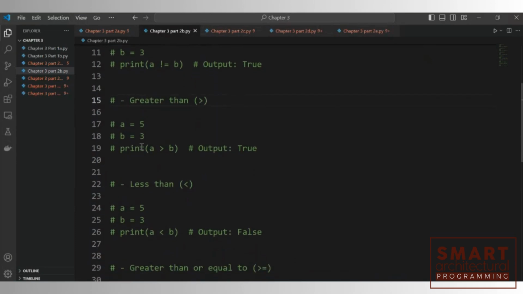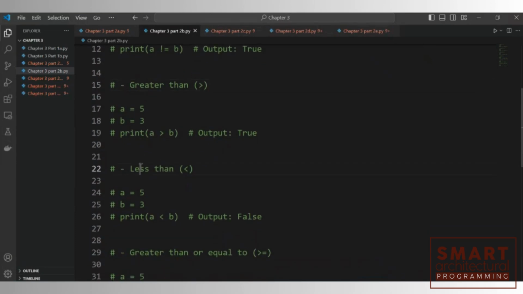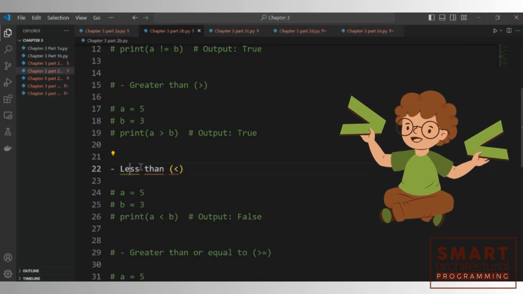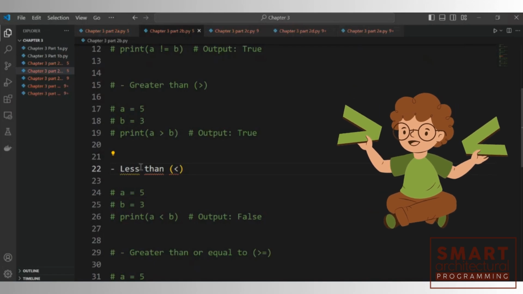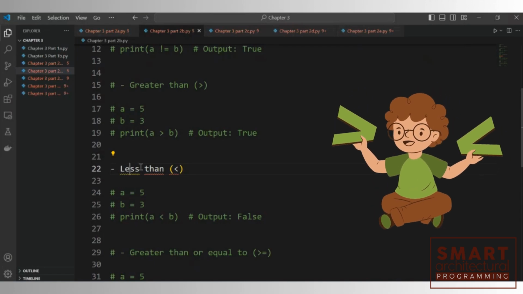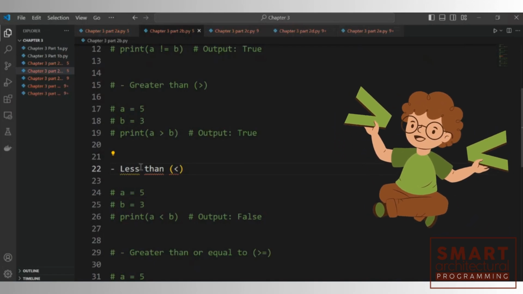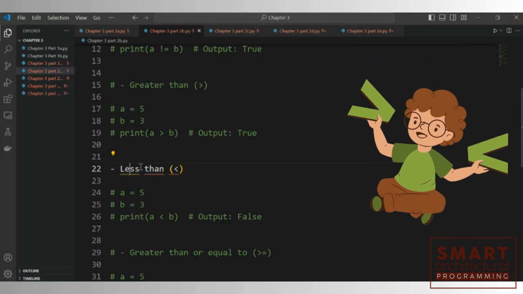Then there's the less than comparison operator, which basically is the complete opposite of the greater than operator. It's just we switch the alligator's mouth to the opposite direction in this case, and we run that to test whether A is less than B or whether B is greater than A. Keep in mind an easier way to identify the greater than and less than operators is that whichever side the alligator's mouth is open towards is the greater value that the operator is testing for.